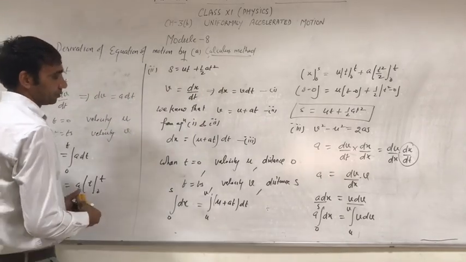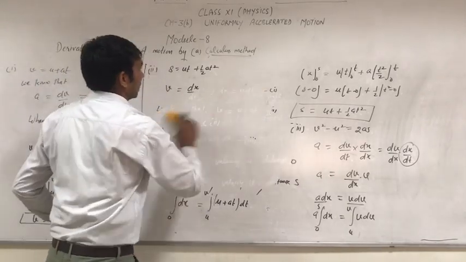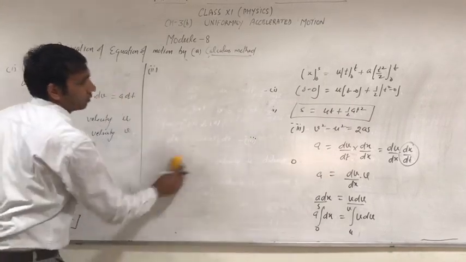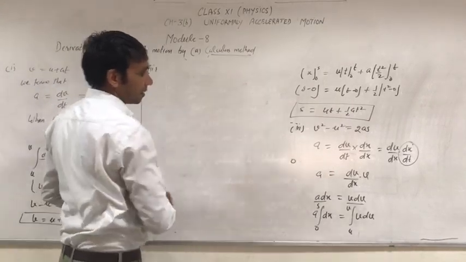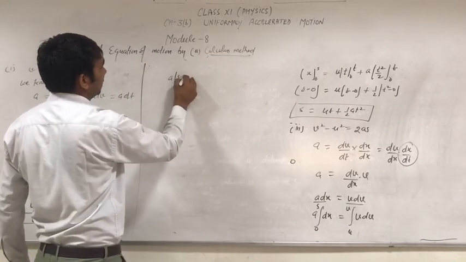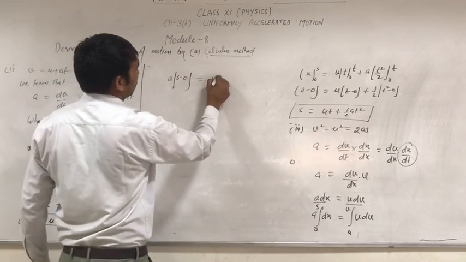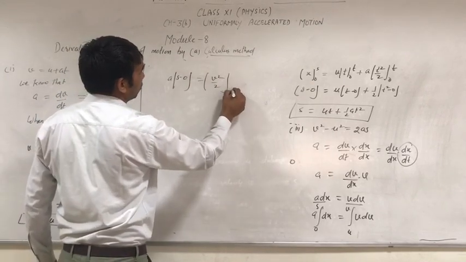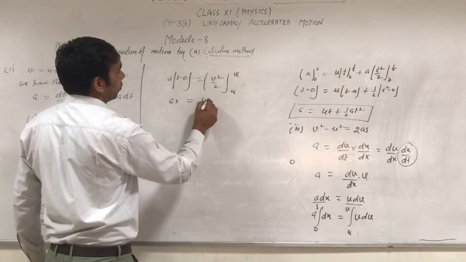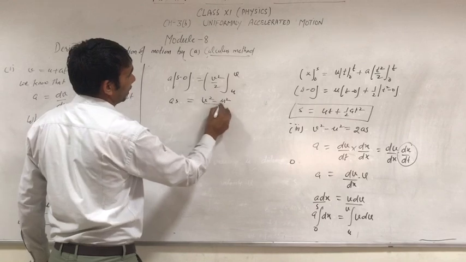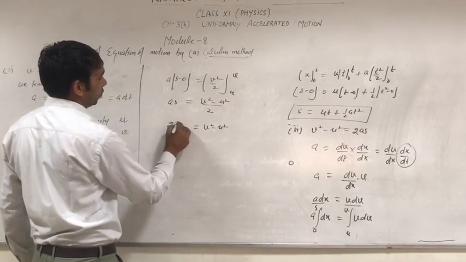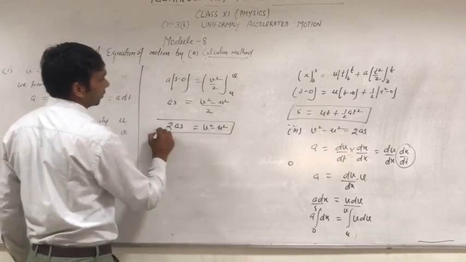Now a into (s minus 0) is equal to v square divided by 2 from u to v, that is (v square minus u square) divided by 2. So v square minus u square is equal to 2as. This is the third equation of motion.